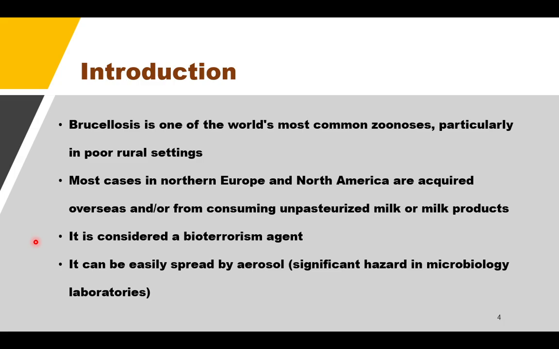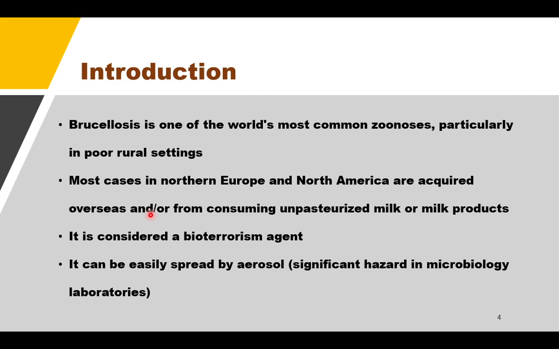Most cases in North Europe or North America are usually due to acquired infection from overseas, and if you take a very good history, the patient probably will tell you that they've been drinking unpasteurized milk or unpasteurized milk products, and that they consumed only pasteurized milk products in these countries during their travel. So this demonstrates the importance of a good travel history in a patient.